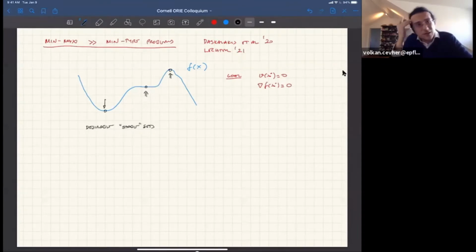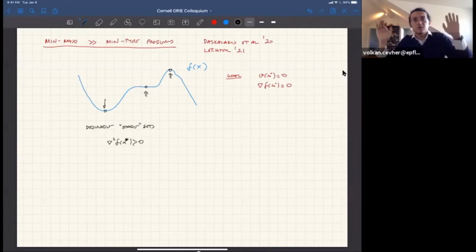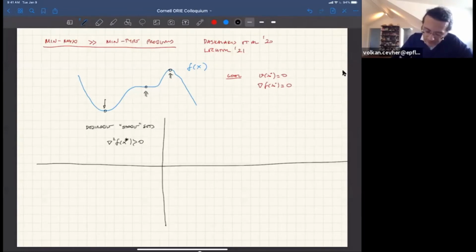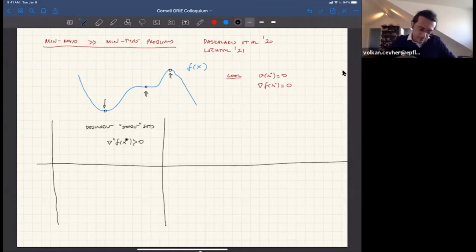Well, if you think about it, in the minimization case, we would like to look at the second order information, and if it is positive definite, this is great. It's a Hurwitz minimizer. Then, a table is coming. So this will be our min type.